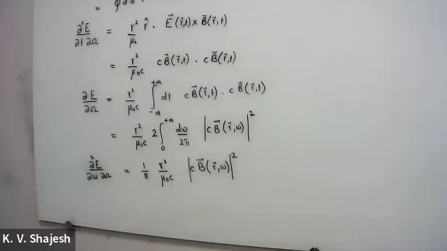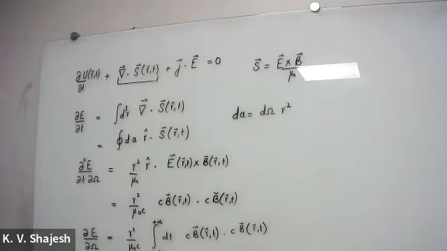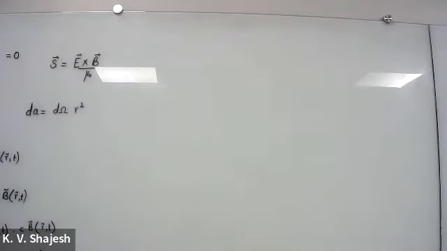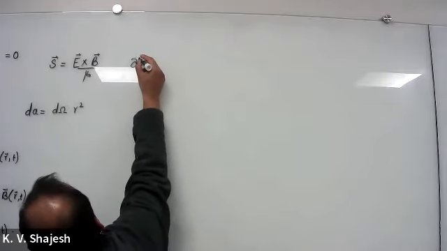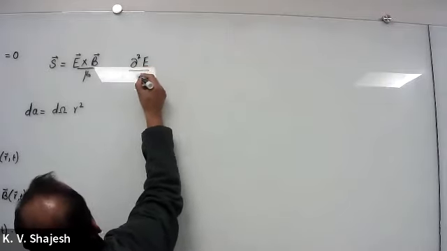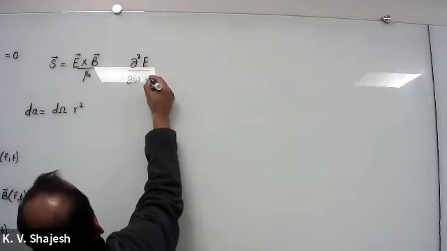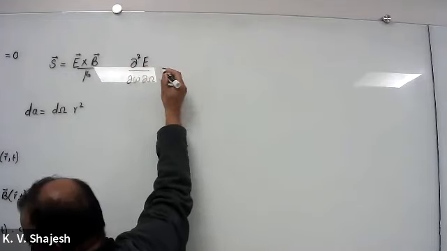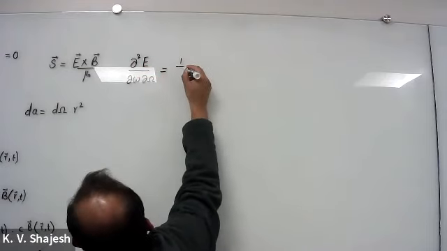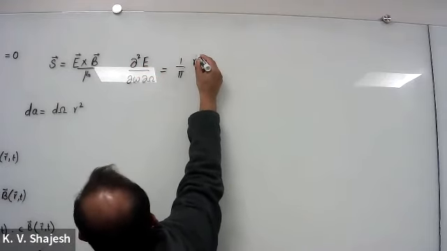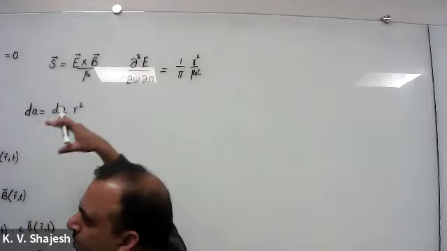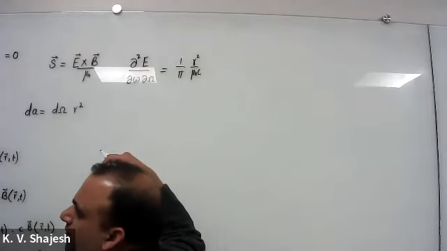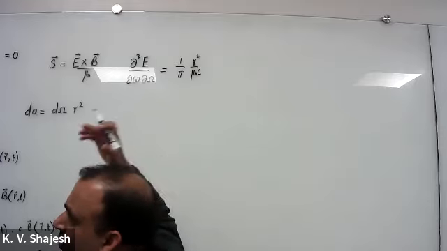Okay, substitute that in. So we have energy per unit frequency per unit solid angle, that's equal to 1 over pi times r square over mu naught times c. And this is a squared quantity, so there is an r cross j for sure.